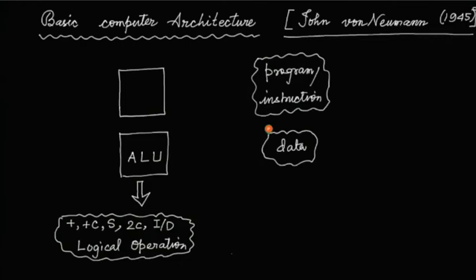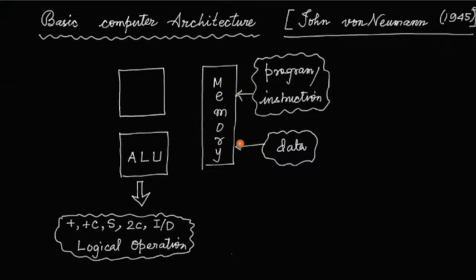Both of these stay in the place we call memory. So these are the things which are stored in the memory. And then from memory it goes to a control center.